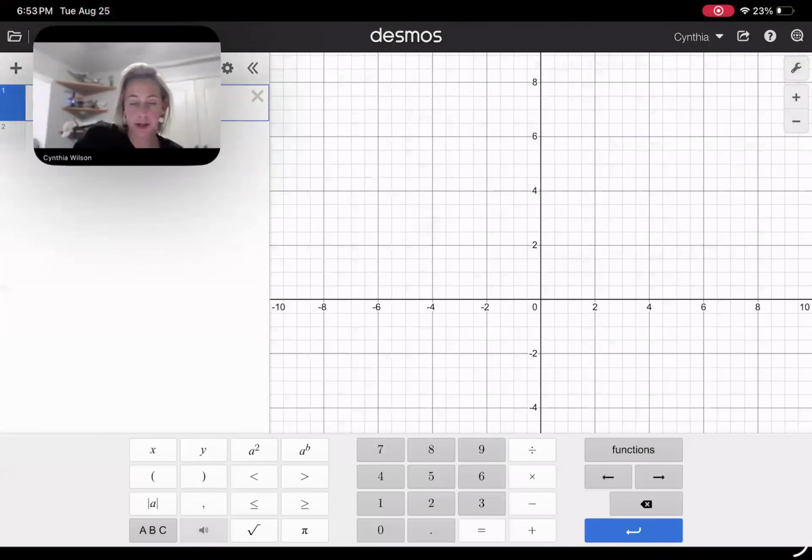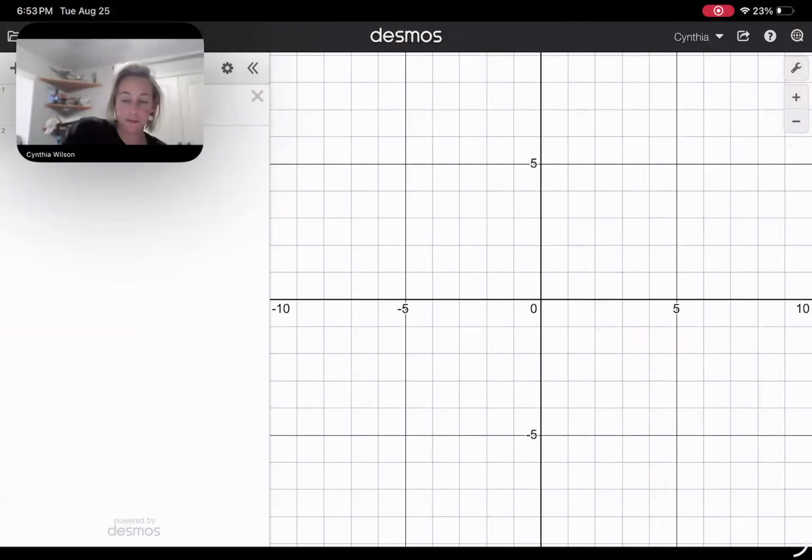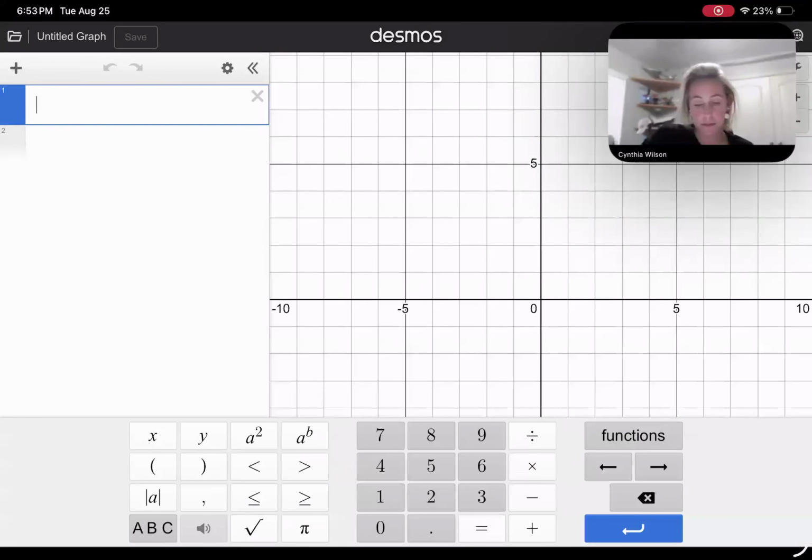All right, I'm going to change this because I just like the way this one looks better. You don't have to. Okay. The first thing you have to put in there, you have to put f of x. I'm on my iPad, so it's a little harder, but all Desmos has this ABC.